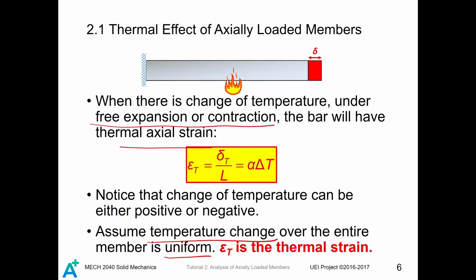So we won't say, okay, this tip is very hot, while this tip is very cold. We don't consider that case. We consider the change of temperature to be uniform over the entire beam or the entire bar.